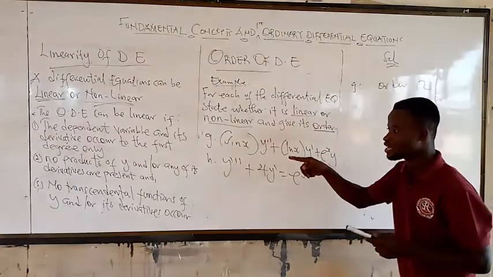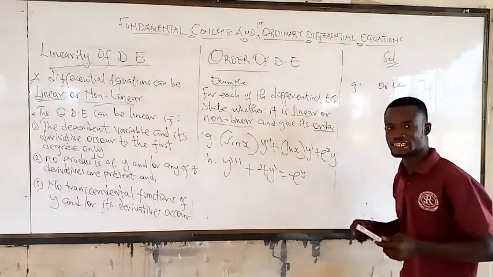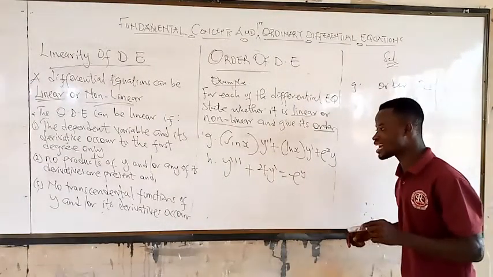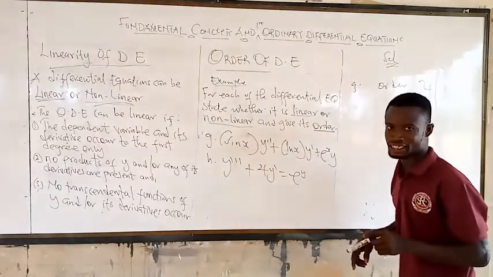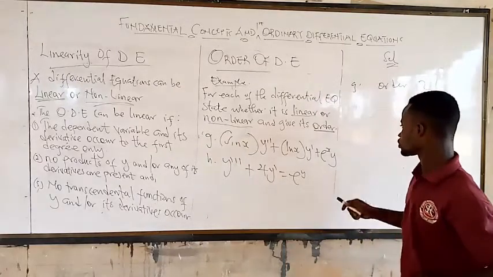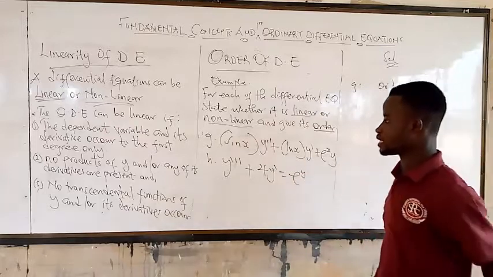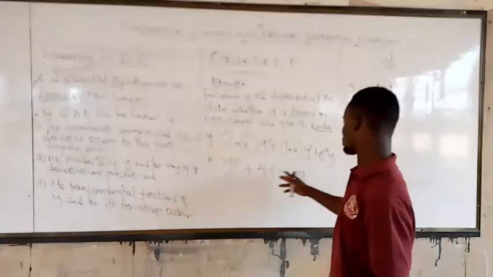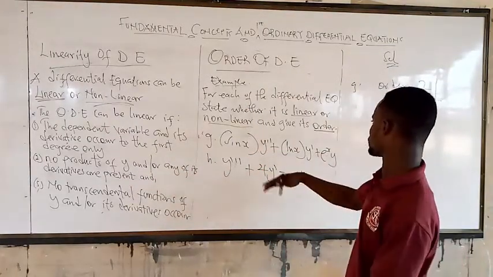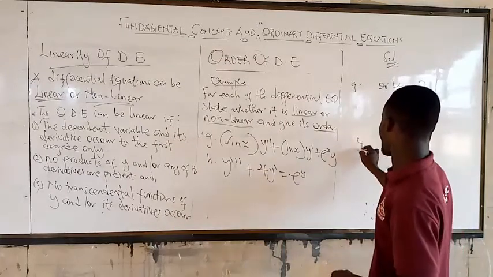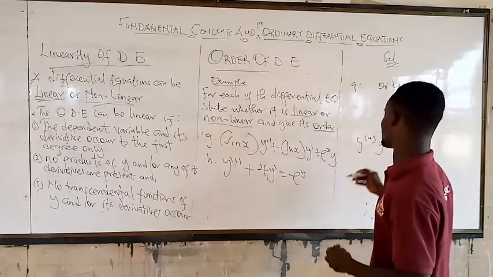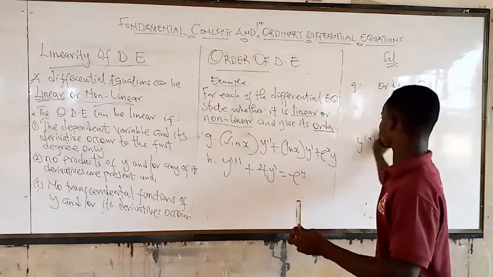And the condition didn't say there is no transcendental function and a product of y. It's not like that. So this is a transcendental function of x multiplying y. So this condition is met. There is no product of y and its derivative. There is nothing like y times 4y.